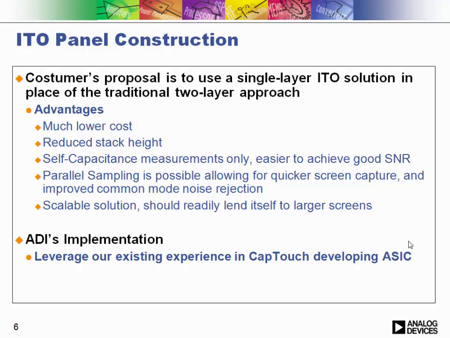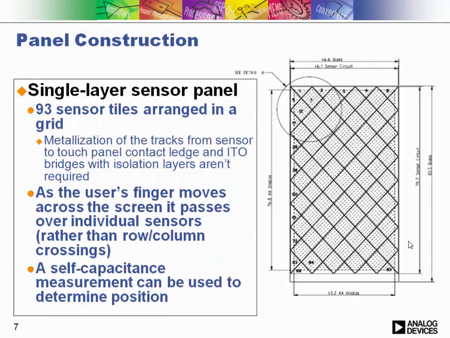They came to us because we have some experience with cap touch ASICs. There are some details in the panel construction. It is a patterned ITO, as you can see here. Each of these squares is a single sensor that needs to be routed to the ASIC that should be sitting somewhere here. So there's individual routing that goes in between these sensors, comes to the side of the panel and goes down to the ASIC.